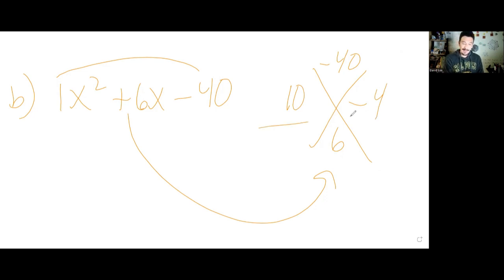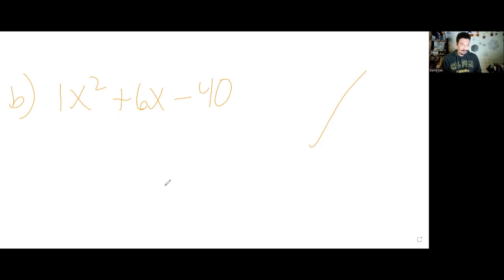So that's how we're going to break up the 6 in the middle. Everything else stays the same. It's the middle piece that gets broken up into 2 smaller pieces.